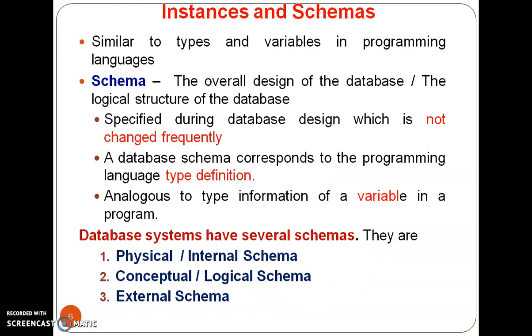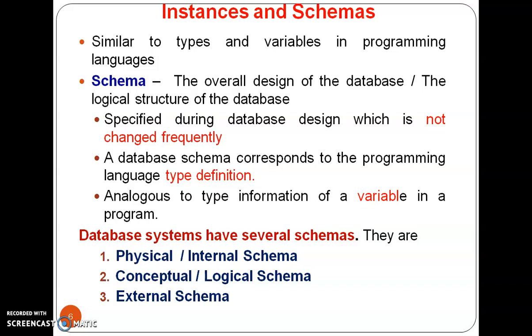In other words, schema can be defined as the overall design of the database, or the logical structure of the database is called schema. Once the schema is specified during the database design, it will not be changed frequently.